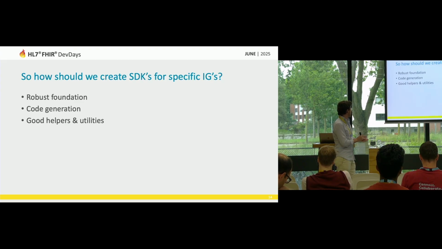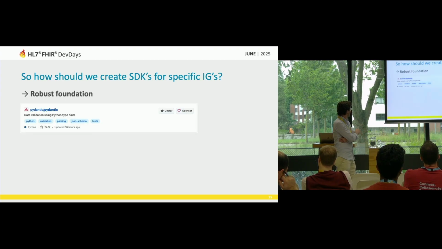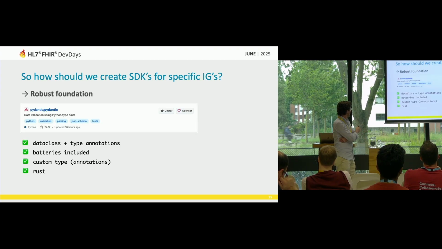And then on top of that, good helper utilities to validate and access your own extensions and your own slices and those kinds of things. So yeah, Pydantic is doing the job, at least for us.